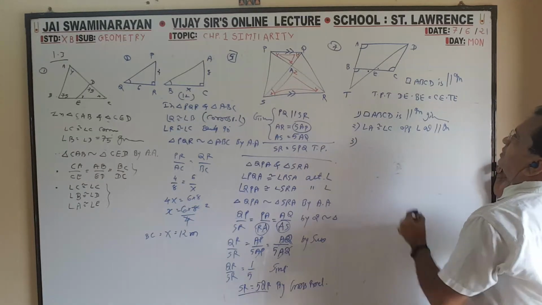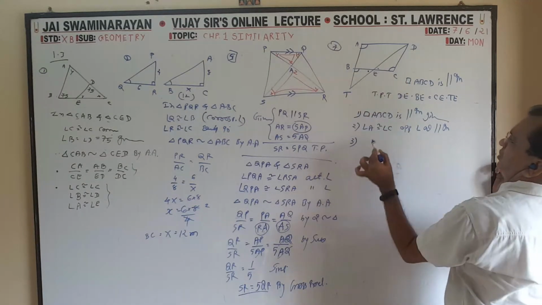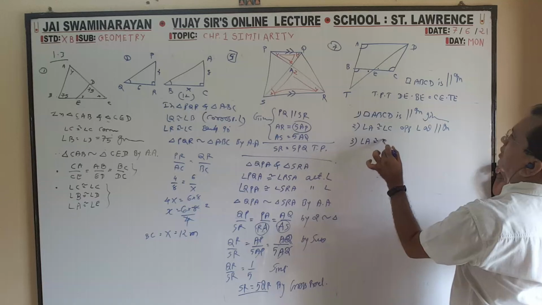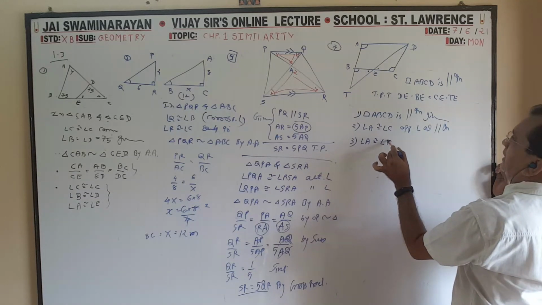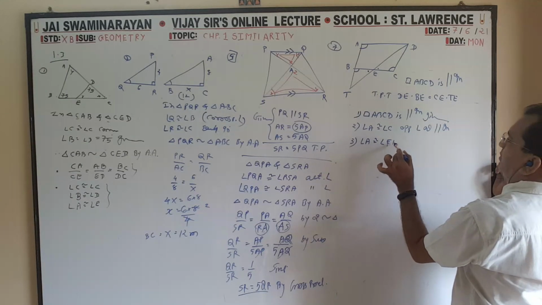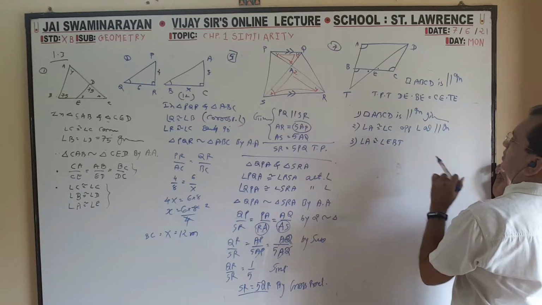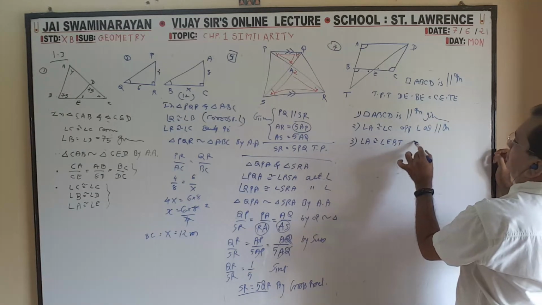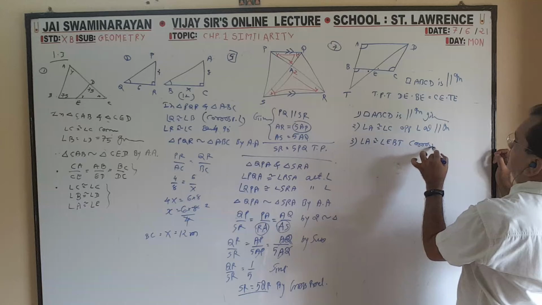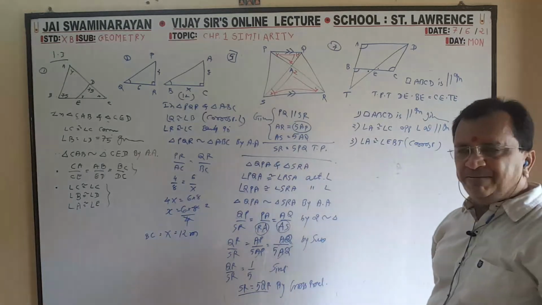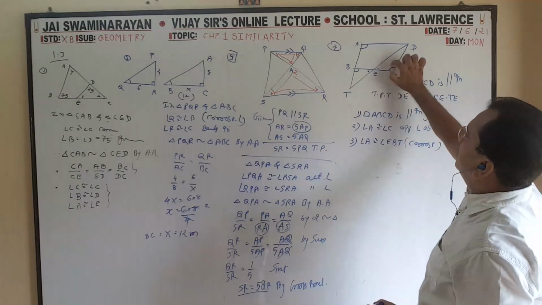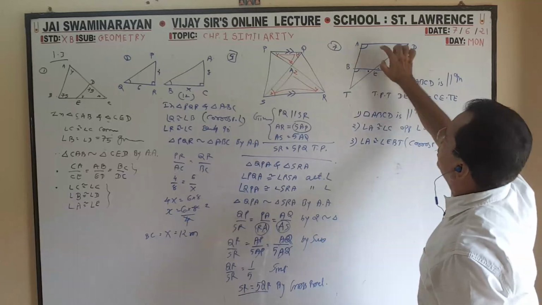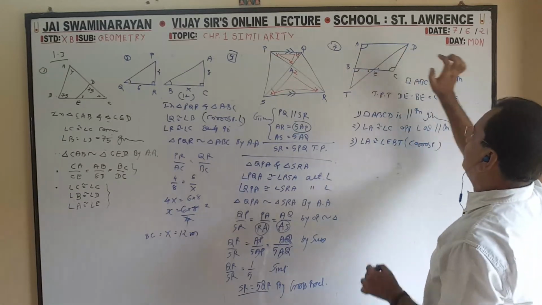Third, this is congruent to this, but this is congruent to this. Angle A is congruent to angle EBT, corresponding angle.